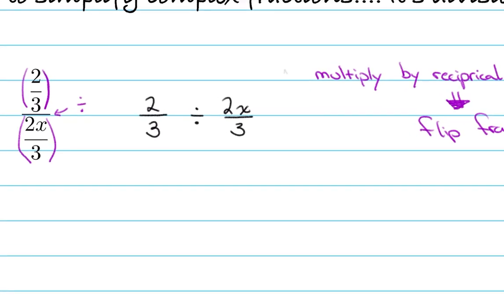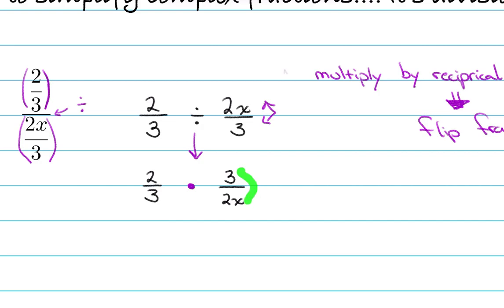So I'm going to keep the 2/3. The division is going to turn into multiplication. So multiply by the reciprocal. Instead of the 2x over 3, that is going to flip to become 3 over 2x. So I am multiplying by the flip fraction, okay?